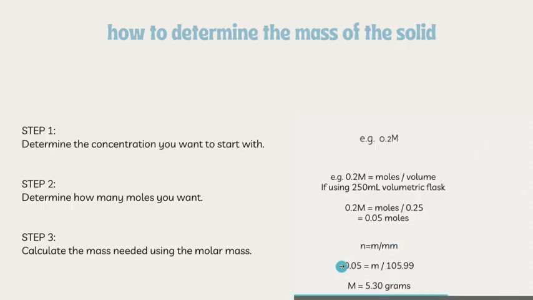Okay, we have the number of moles, and our molar mass in this example of sodium carbonate is 105.99. So 0.05 multiplied by 105.99 gives us the mass of 5.3 grams. Okay, so if we're wanting to have a 0.2 molar concentration, then we're going to need 5.3 grams of the sodium carbonate.